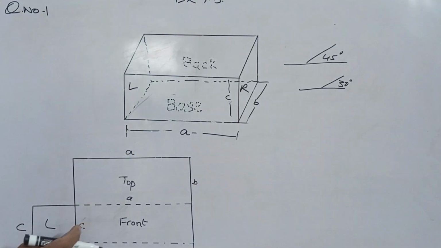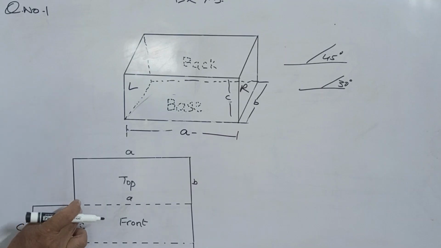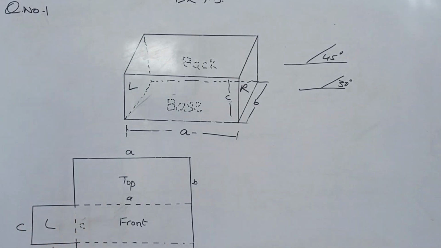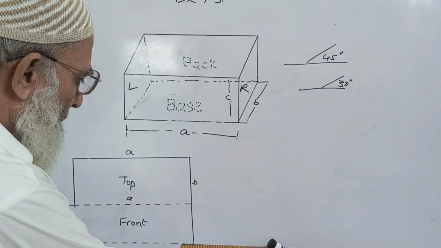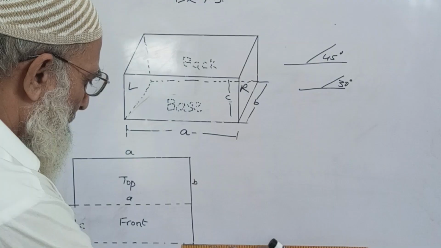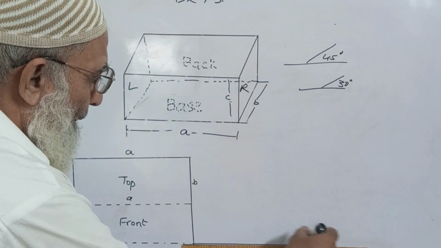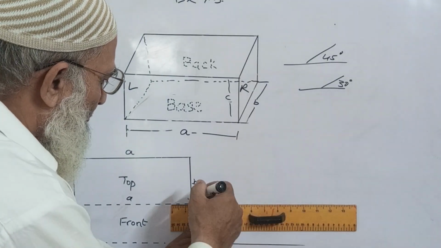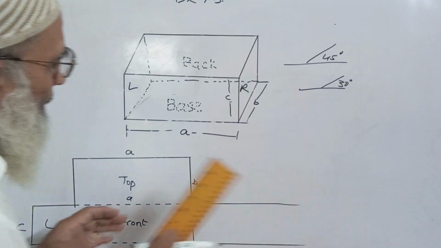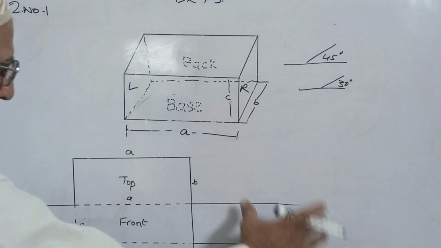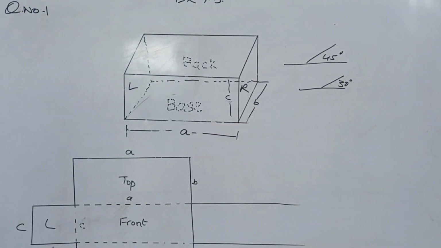Now this is the left, and just dot it. I hope you are understanding. Now a long line. Now in the long line, this is just a construction line, okay?